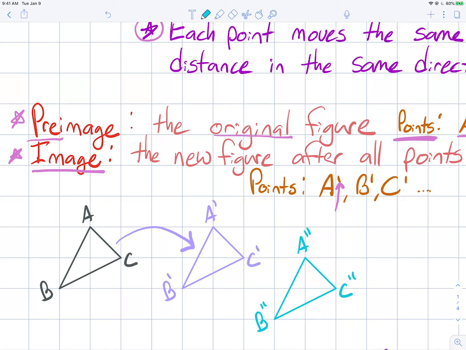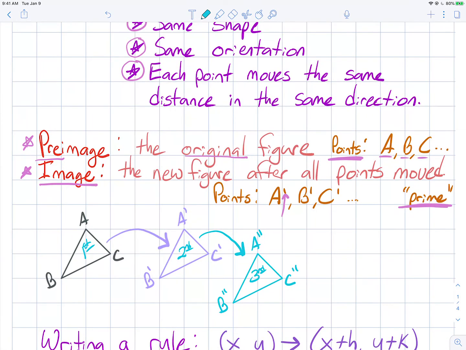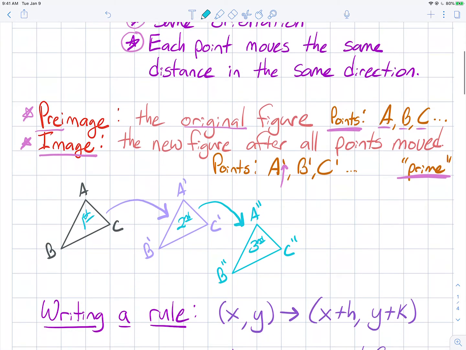It went from ABC to A prime, B prime, C prime to A double prime, B double prime, C double prime. So it helps you figure out the order in which they've moved. So be very careful when you are looking at your shapes to know which one was first, which one was second, and which one was third. So find your original image. That's the pre-image. It's just A, B, and C, and so on.